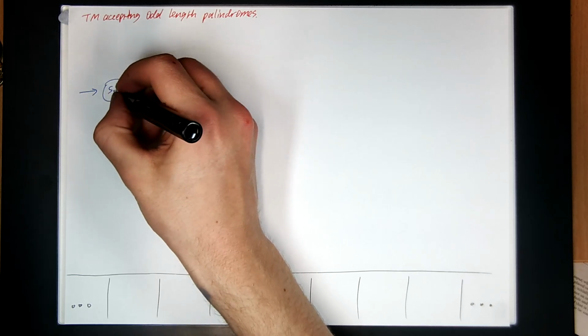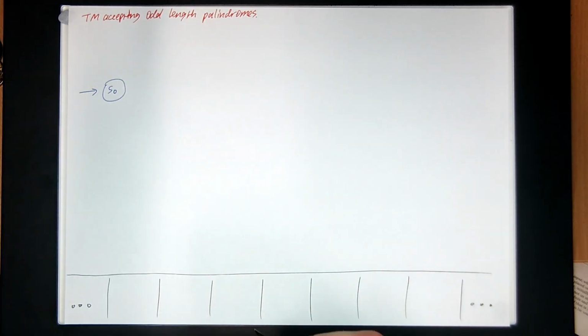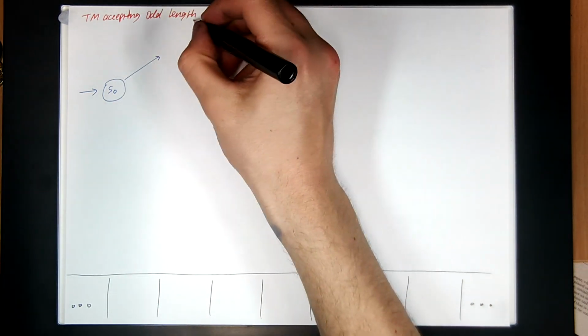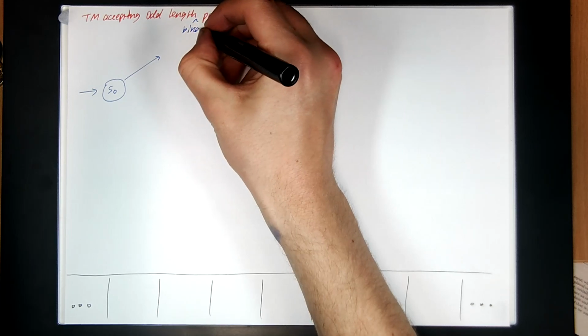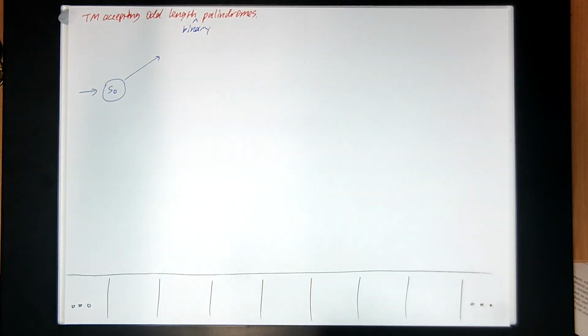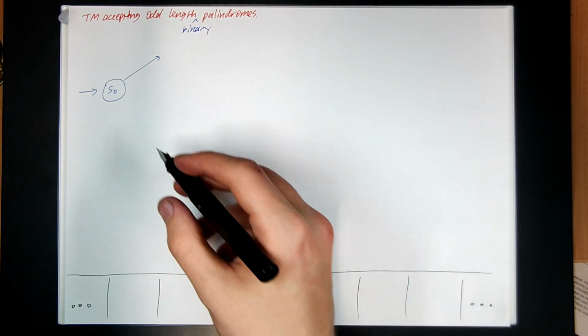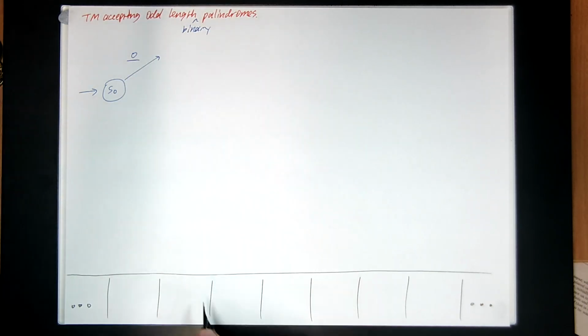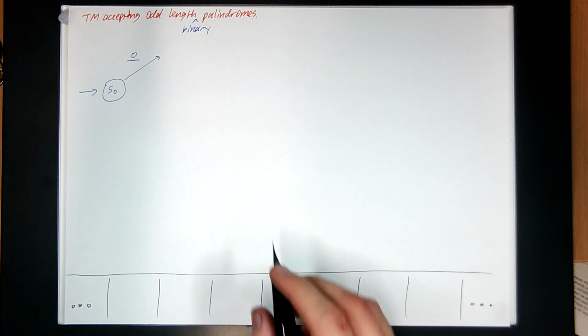So, starting state S0. If I see a 0, I want to remember I've seen a 0, for the language of all odd length binary palindromes. So the only input symbols are 0 and 1, and that's usually the case for Turing machines. If I see a 0, I'll delete the 0 and move to the right.